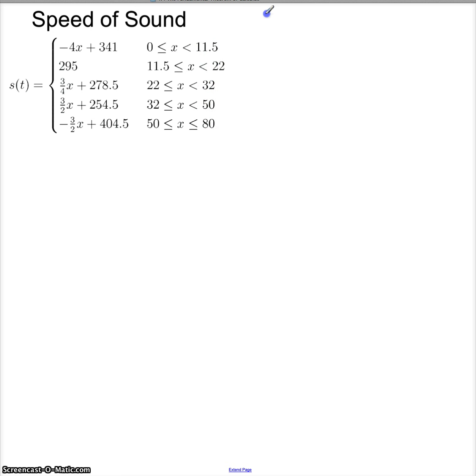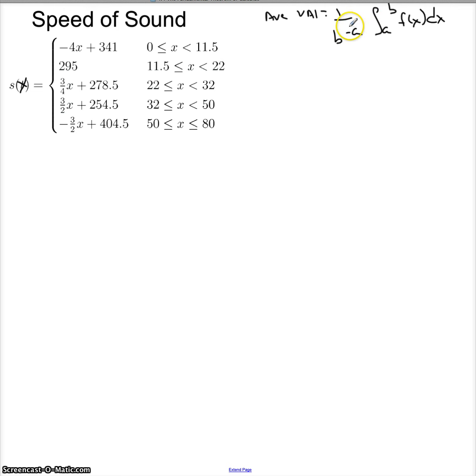All right, and we're going to find the average value, which is equal to 1 over b minus a times the integral from a to b of f of x dx. Now, f of x, in this case it's s of x, is this whole great big thing.